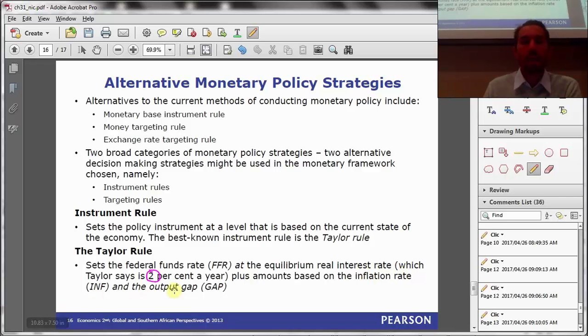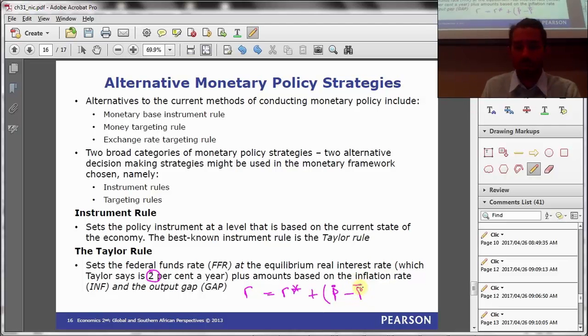And what about an output gap, right? If our output gap is high, then increase the interest rate. If our output gap is low, decrease the interest rate. So in other words, the way that this looks, the Taylor Rule would say something along the lines of the following. Set your interest rate equal to your equilibrium interest rate plus the difference between your actual inflation and what your target inflation is.